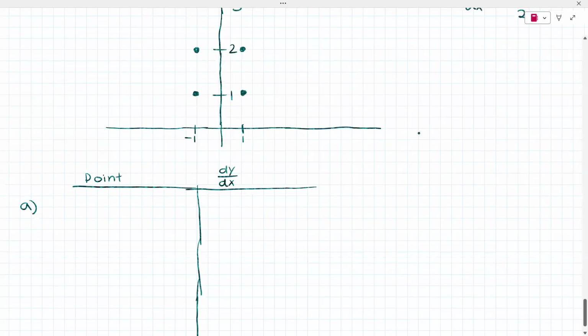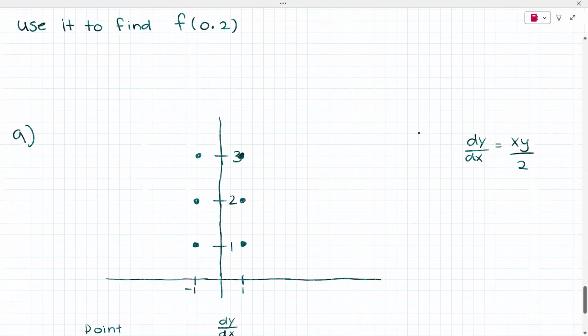So we have how many points? 1, 2, 3, 4, 5, 6, 7, 8, 9. Also, these are points: 0, 1, 0, 2, and 0, 3.